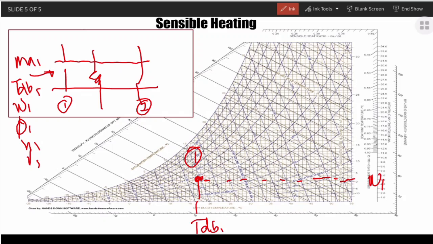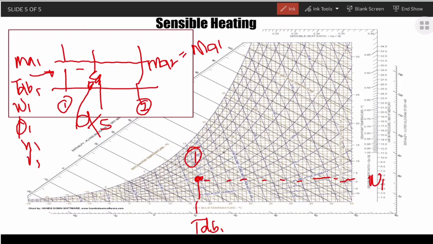As it enters the system, it is being heated by the heating coil, where QS has been supplied, and whereby only the dry bulb temperature has been increased. So after some time, it goes out of the system, which has the same mass of air 2, equal to mass of air 1.